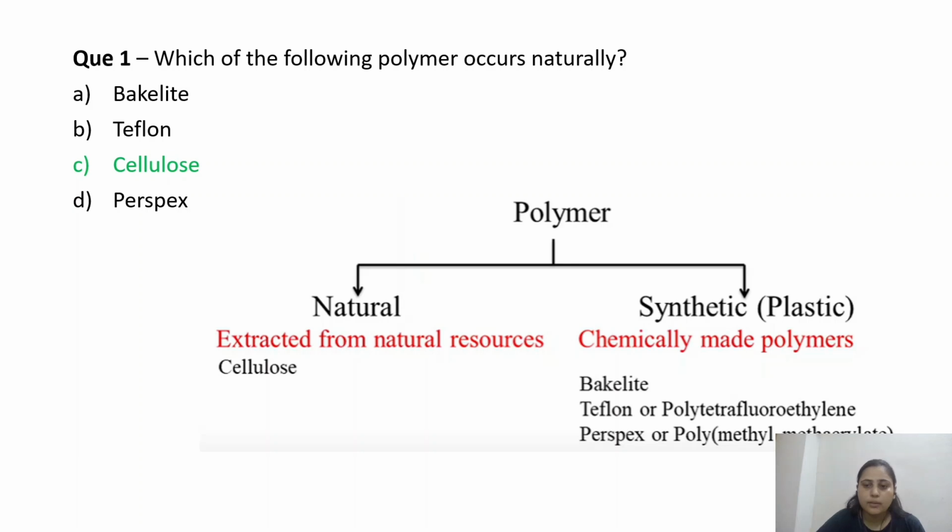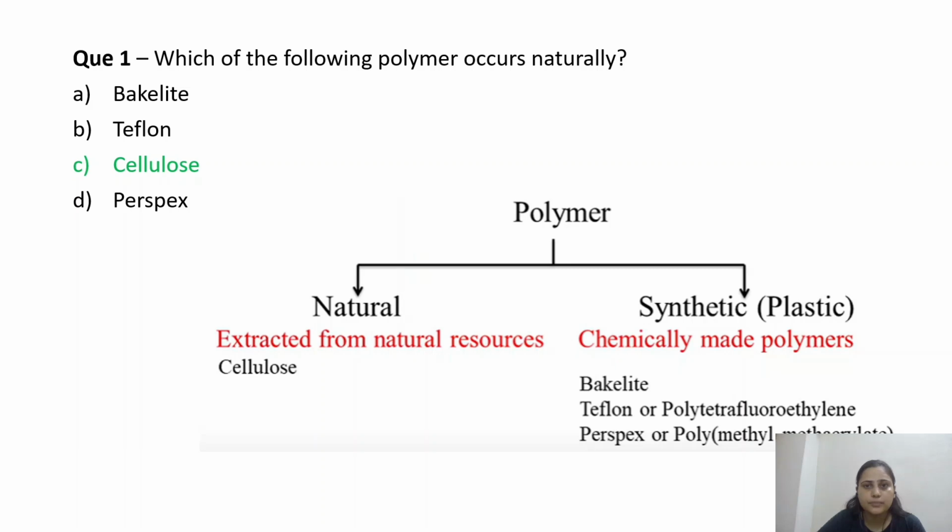So option A, which is bakelite, option B, which is Teflon, and option D, which is perspex, are basically synthetic polymers which are chemically made. But option C, cellulose, is extracted from natural sources.